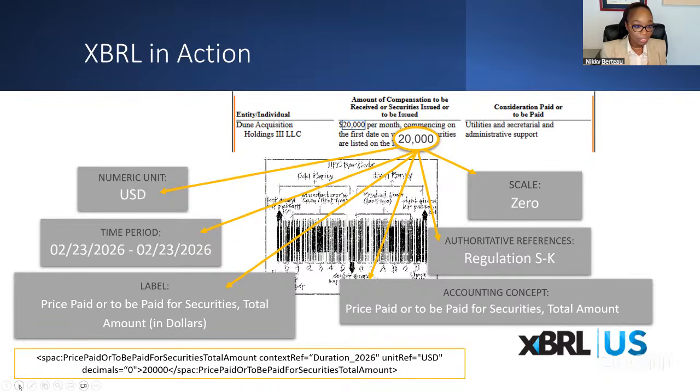This is what's presented to the reader. You have the accounting concept, the authoritative reference, which is Regulation S-K in this case, and then you have the scale attribute, which here is a scale of 0. So there's no truncation, 0 scale. So when software reads this fact, it's not just guessing, it knows what the value is, what it refers to, and how to interpret it. And that context is really what makes structured reporting so powerful. Next slide, please.